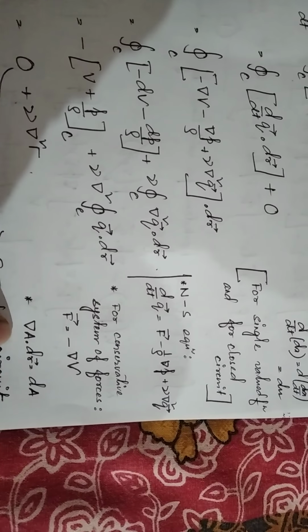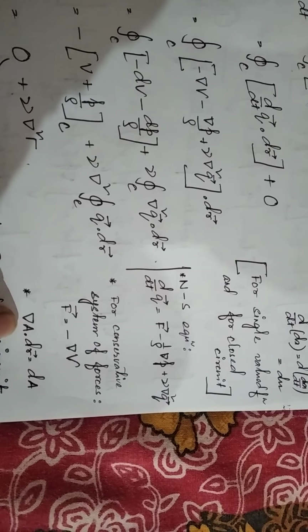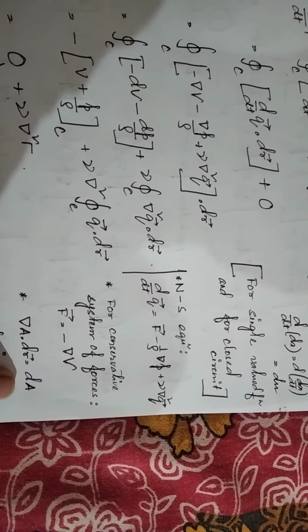Now if the external force system is conservative, then we can write that the force vector is equal to minus the gradient of some potential function, and the minus sign indicates that in the beginning the potential is higher, and as time goes, or as the point moves, the potential is a decreasing function. And there is another identity which we will use in our discussion, that the dot product of del A and dr vector is equal to dA.